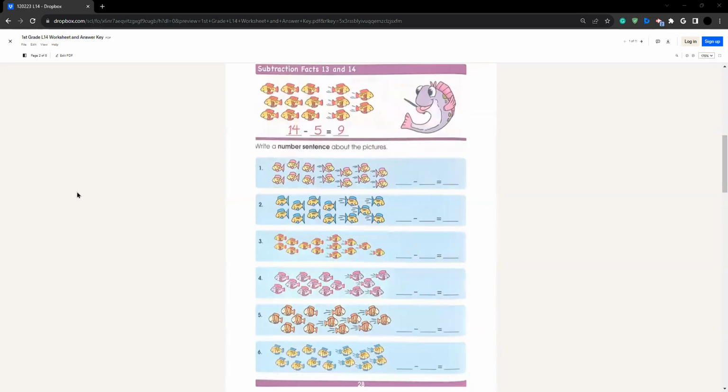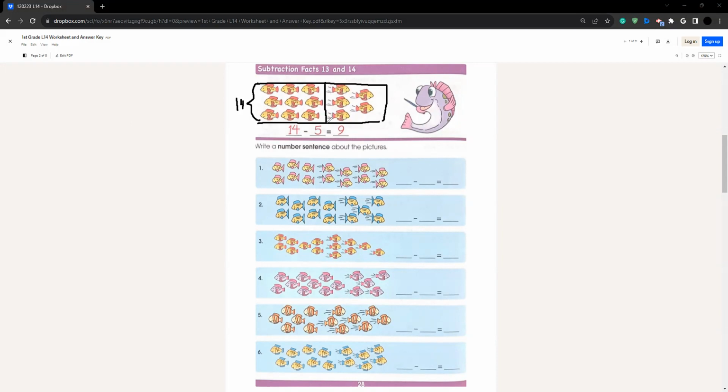It's going to be subtraction facts 13 and 14. So if we do subtraction, we first need to get the total number first. So it says there are 14 fish over here. That's 14 fish total. This whole box is 14 fish. But then it shows 5 of them swimming away right here.